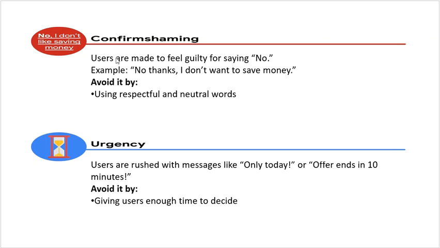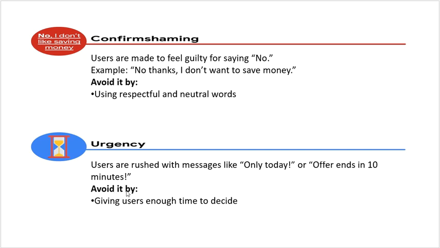Confirm shaming, where users are made to feel guilty for saying no, for example, "No thanks, I do not want to save money." Avoid it by using respectful and natural words. Urgency, where users receive a message like "only today" or "offer ends in 10 minutes."